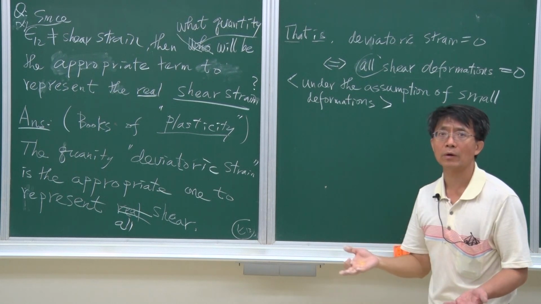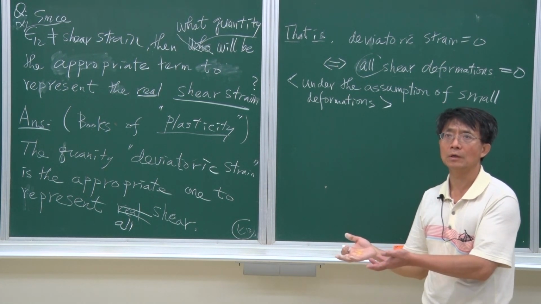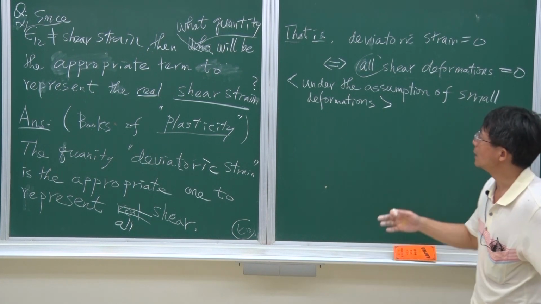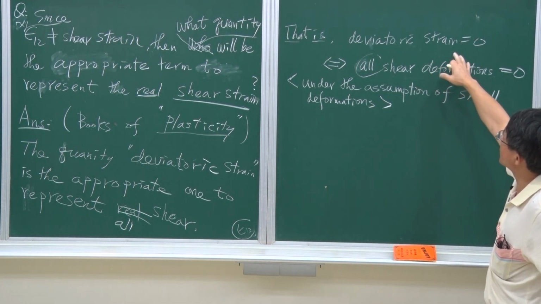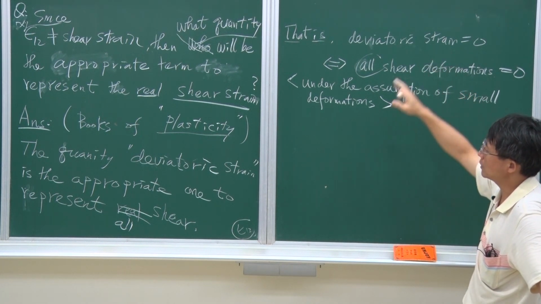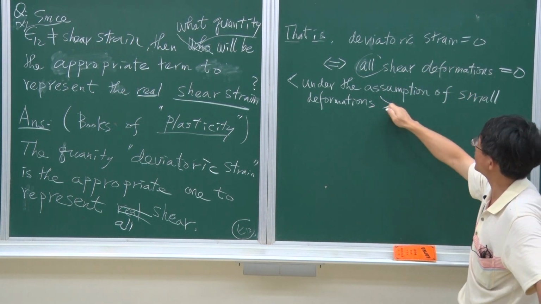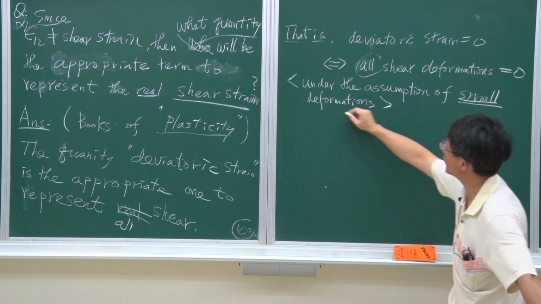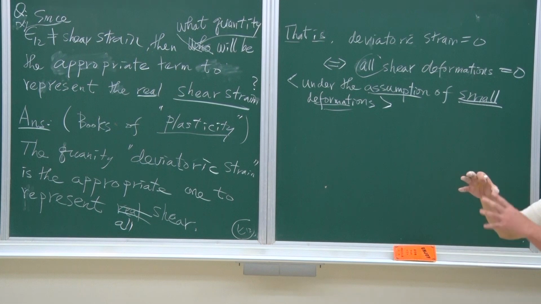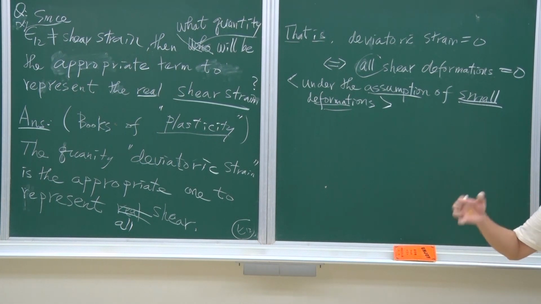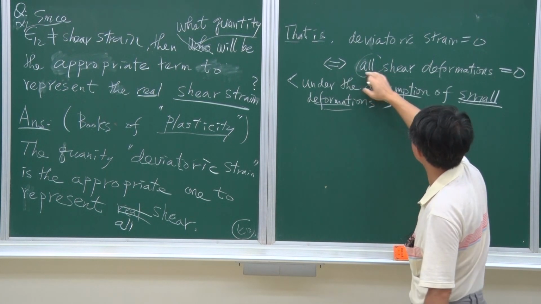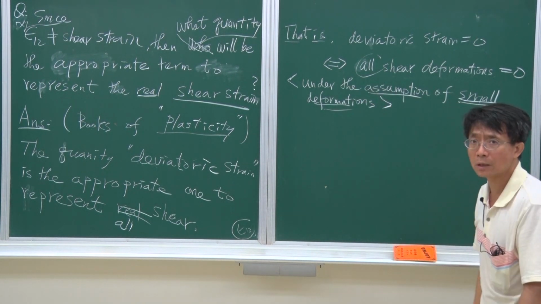Of course, deviatoric strain can also be defined for large deformations, but this is another subject. Here, the deviatoric strain we use is defined for classical strain, so we still suffer from the small deformation assumption. If the deformation is small, then deviatoric strain equals 0 is equivalent to all shear deformation equals 0.